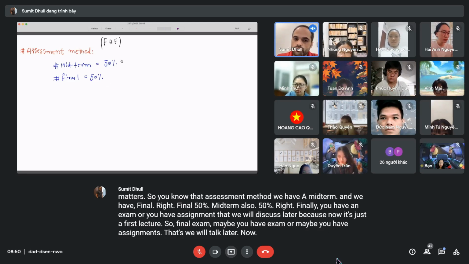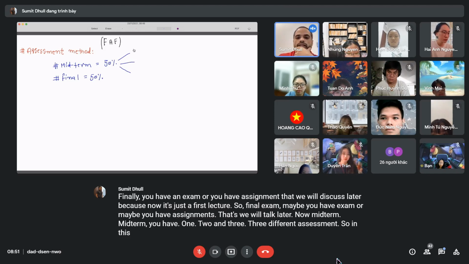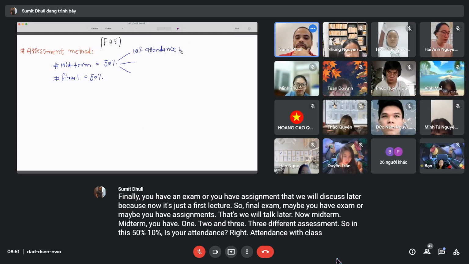Now the midterm. In the midterm you have 3 different assessments. In this 50%, 10% is your attendance with class participation.